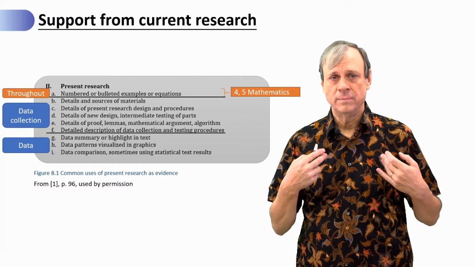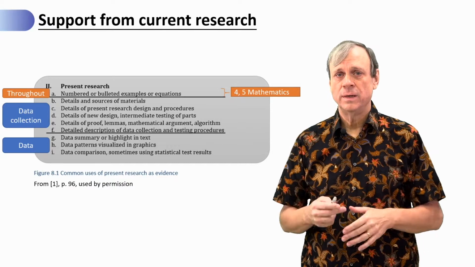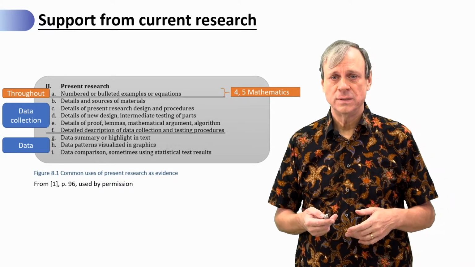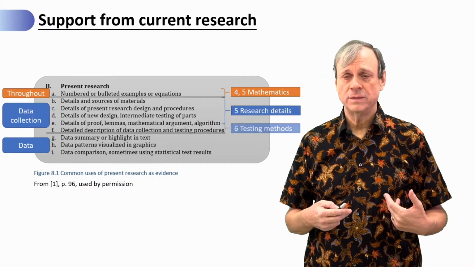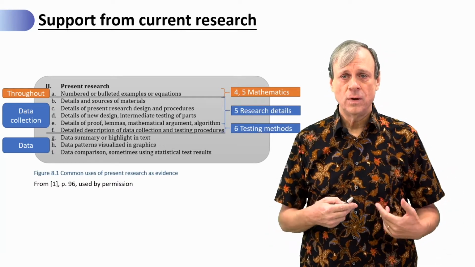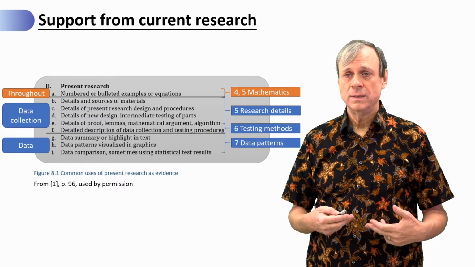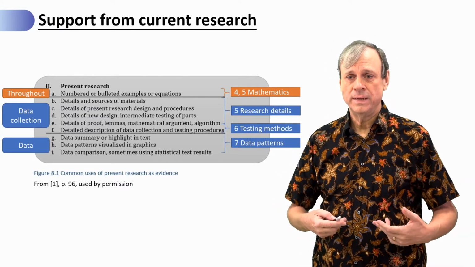Particularly in mathematical treatments, those will occur in the framework and research details divisions. The data collection obviously refers to the research details and the testing methods, while the data are going to be found in the data patterns comparison.